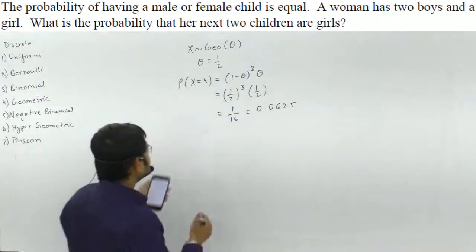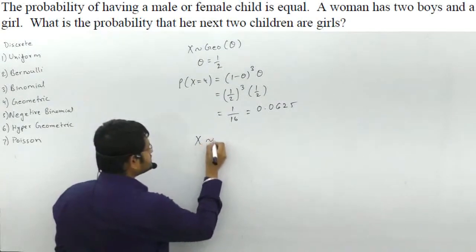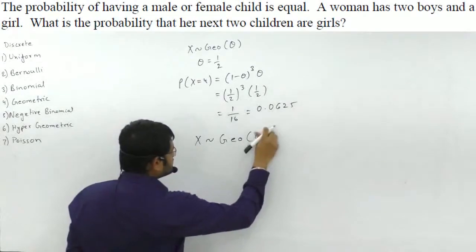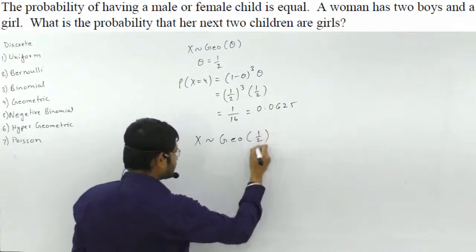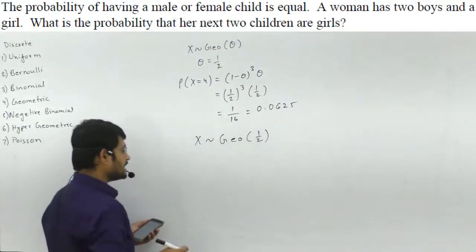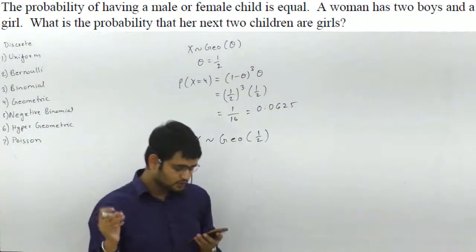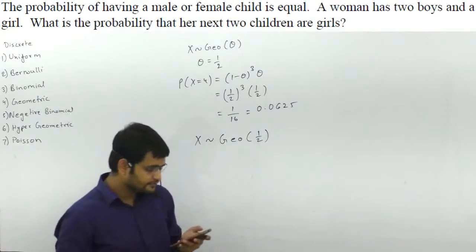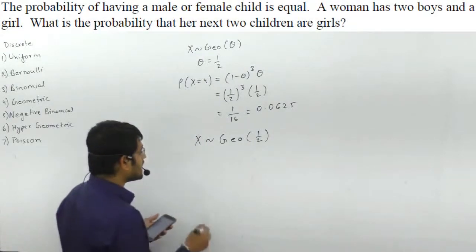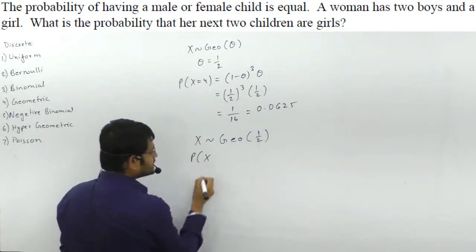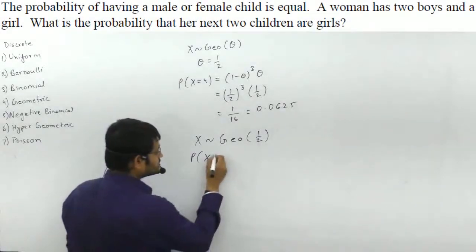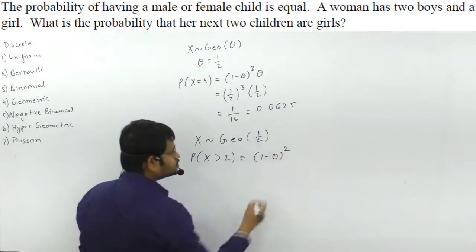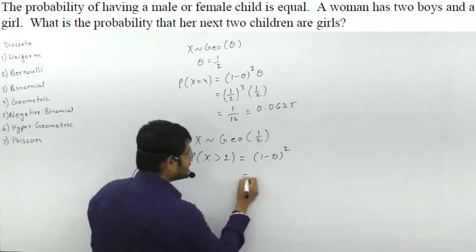Again, if we consider that having a boy is our success, then X is following a geometric distribution with parameter half. Here we can ignore the 2 boys and a girl that we already know, and we have to find the probability that her next 2 children are girls. So we can say the probability that our success, that is having a boy, is greater than 2 will be nothing but (1 − θ)^2.